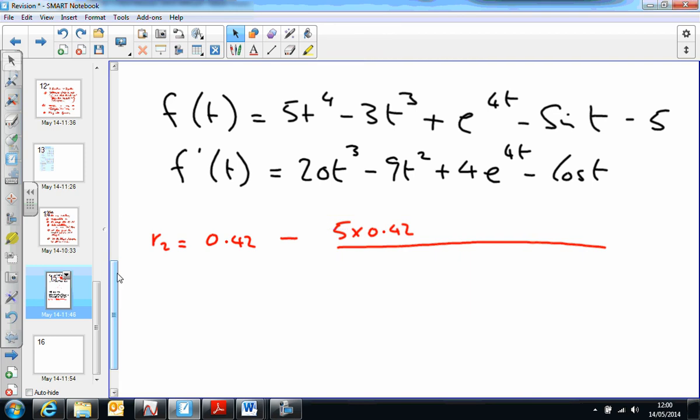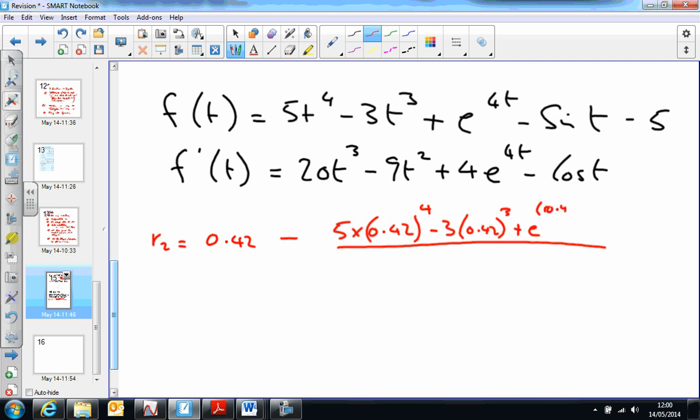5 times 0.42 to the power 4 minus 3 times 0.42 to the power 3 plus e to the 0.42 times 4 minus sine 0.42 minus 5.